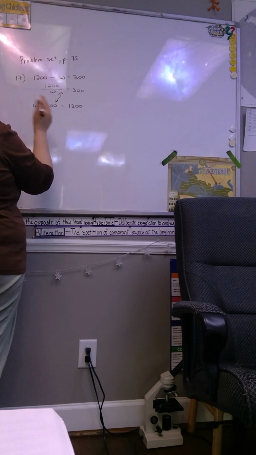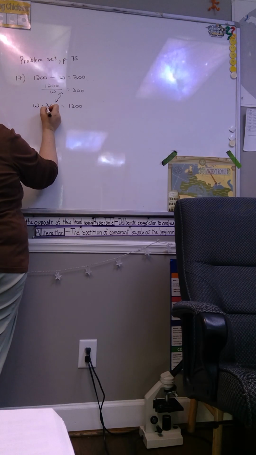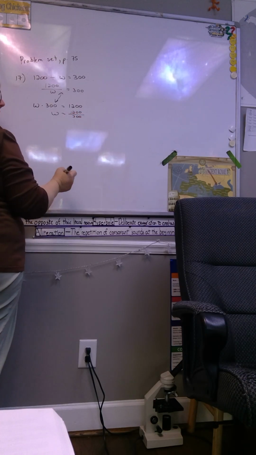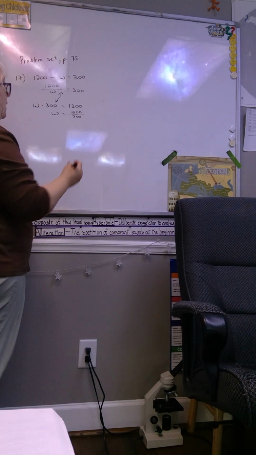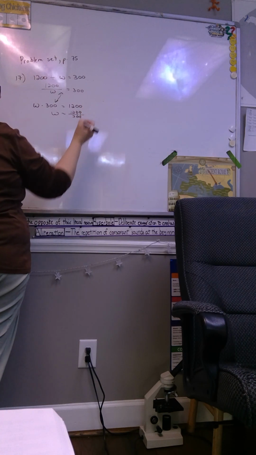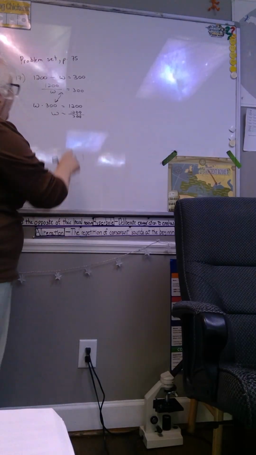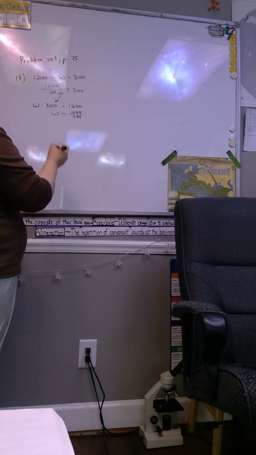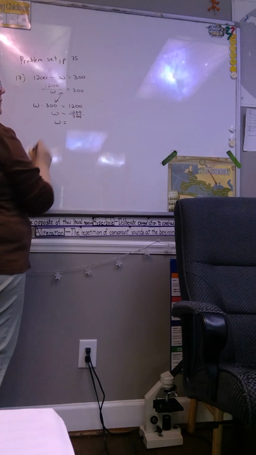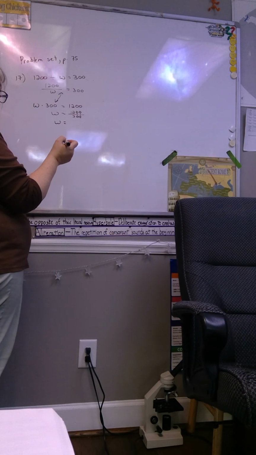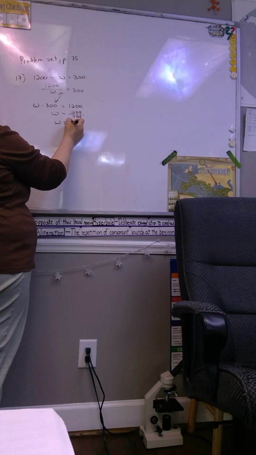So you want to divide 1,200 by 300. And so your zeros can go away, right? And so then you have 12 divided by 3. What is 12 divided by 3? 4.